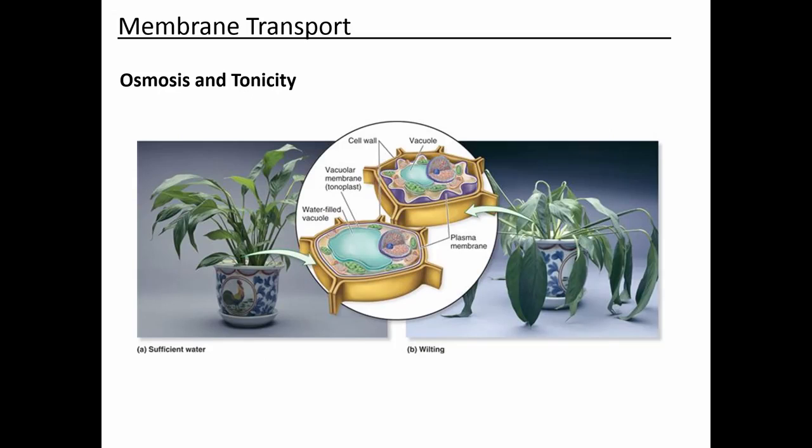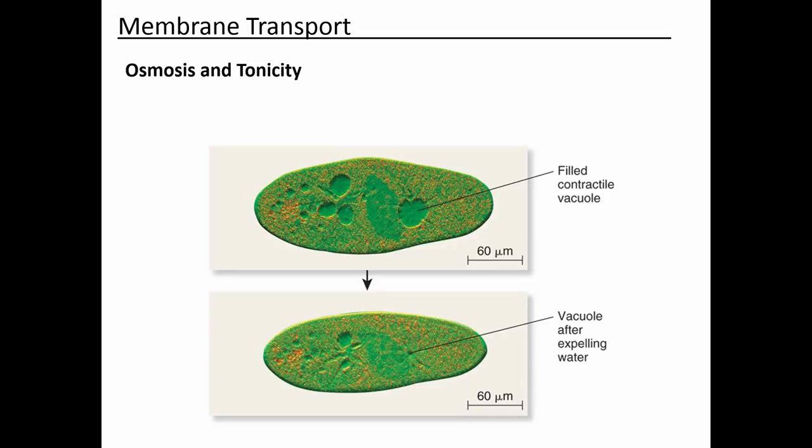The last thing I want to discuss with respect to osmosis and tonicity is an organism that you looked at in the third lab, which is a paramecium. I previously described that many protists, including paramecium, have a membrane-bound organelle called a contractile vacuole.